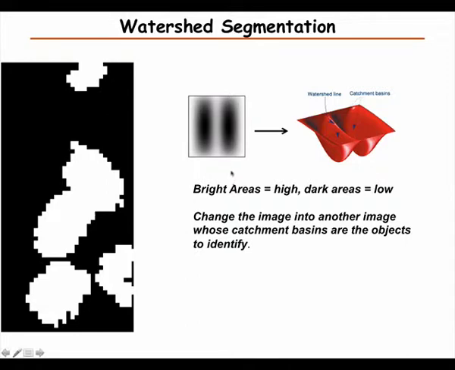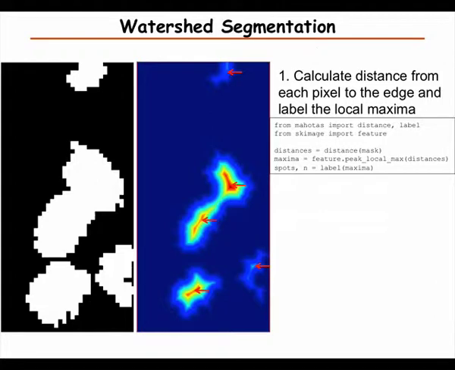So you have these basins instead. If these are two peaks, you turn them around, and then you have two minima. What you do then is start filling this with water, and then you see where the watershed line is between objects. So you find all the maxima. In this case, they're indicated here by arrows.